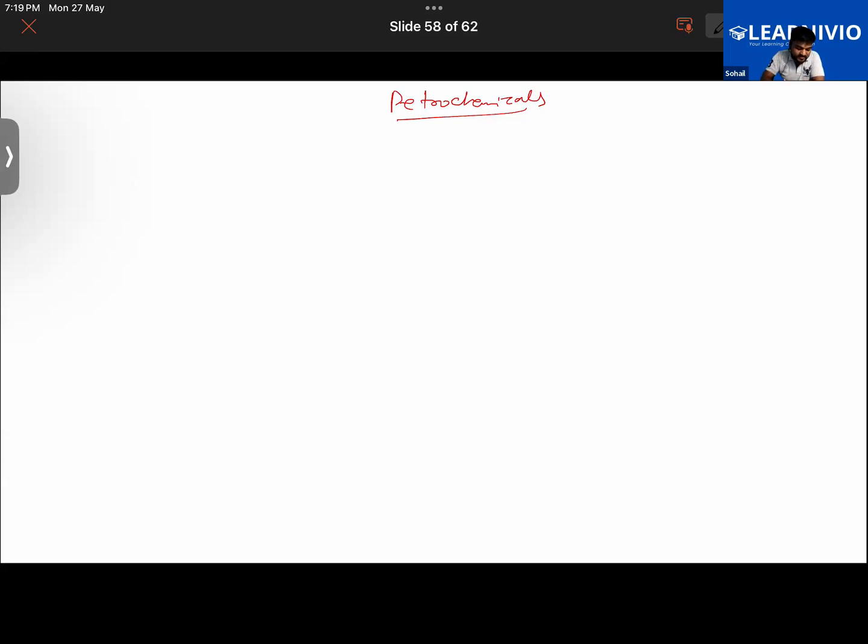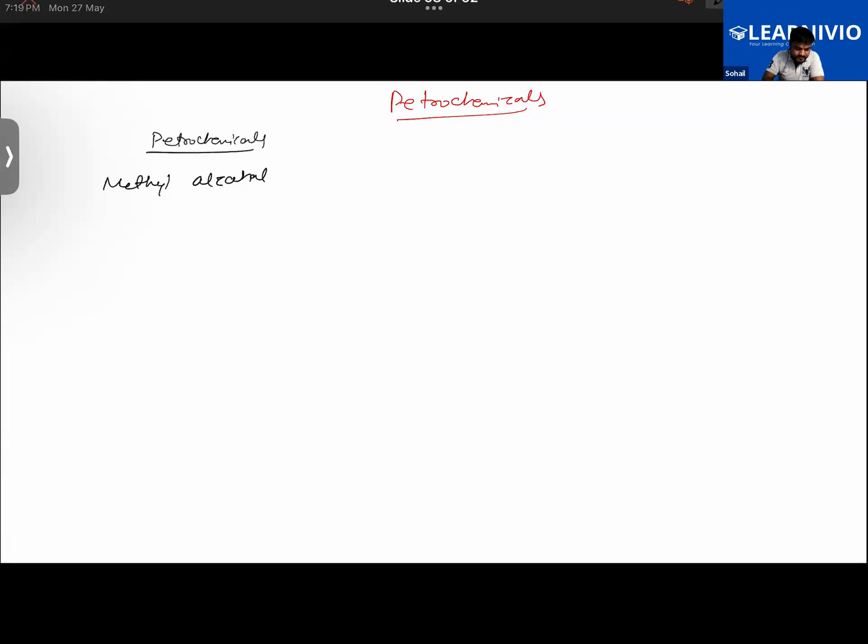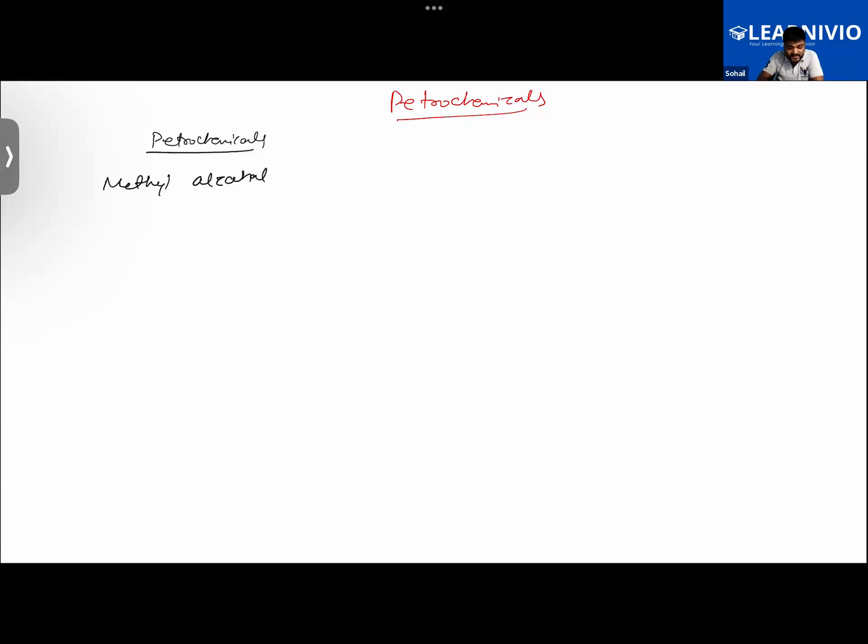What are some examples of petrochemicals? Like methyl alcohol, let me write petrochemicals. Methyl alcohol is there. Apart from it, you have ethyl alcohol. You have formaldehyde also. This is another one which is a petrochemical.